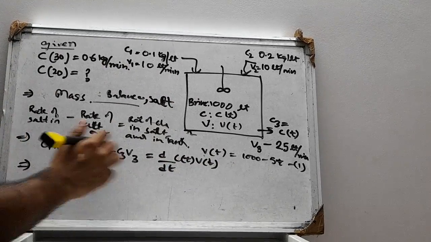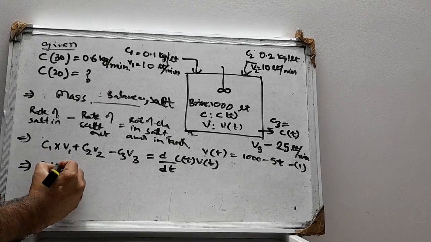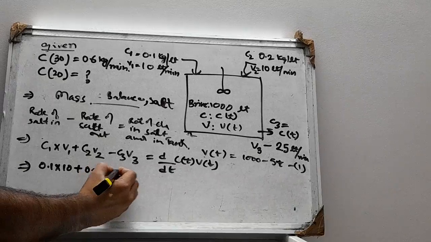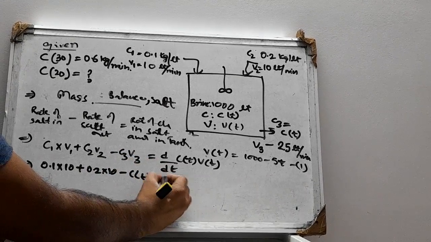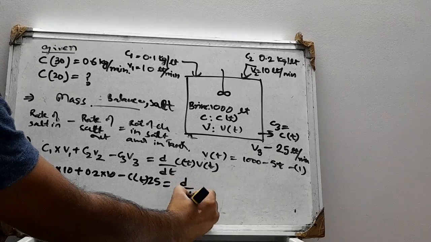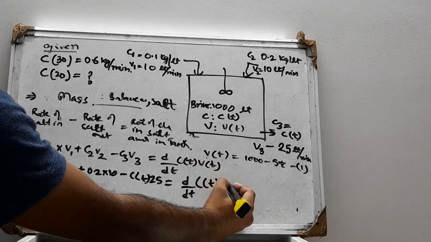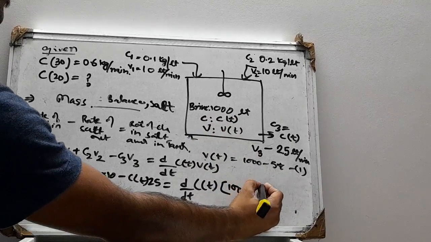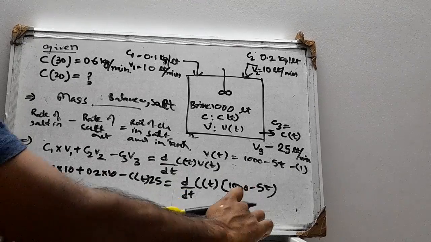Now we will put in the values. C1 is 0.1 into 10 plus C2 is 0.2 into 10 minus C3, which is basically C(t), and V3 is 25, equal to d by dt of C(t) times V(t), which we have just found, that is 1000 minus 5t. And we will solve this differential equation.